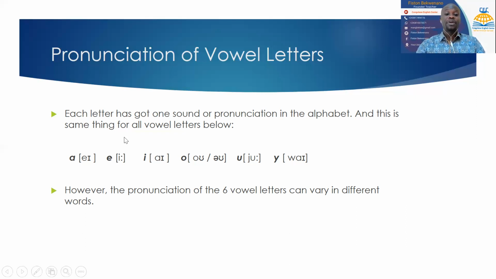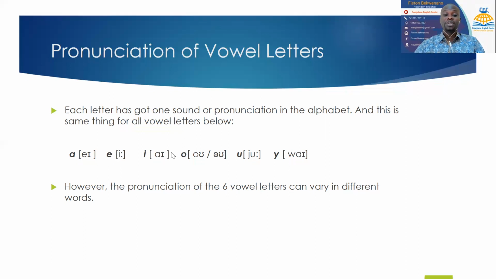You can see, for example, we have an A, an E, an I, an O, and a U, and sometimes Y is also used as a vowel. So they keep that pronunciation. But when you come down, it says, however, the pronunciation of the vowel letters can vary in different words. So it's possible that you can find the same letter changing its pronunciation, getting another pronunciation. This is what you're trying to learn in this presentation.